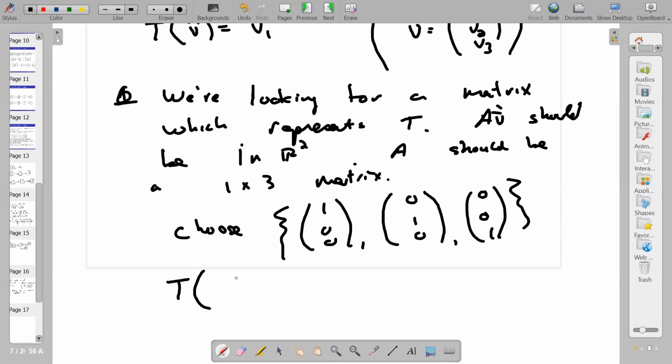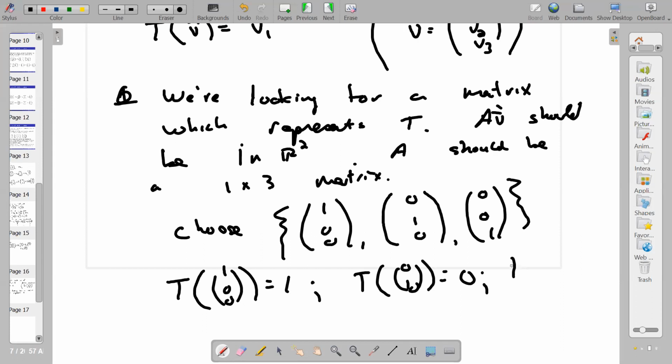T of 1, 0, 0 is just 1. T of 0, 1, 0, because you're projecting onto the first factor, is just 0. T of 0, 0, 1, again because you're just projecting onto the first factor, is also 0.